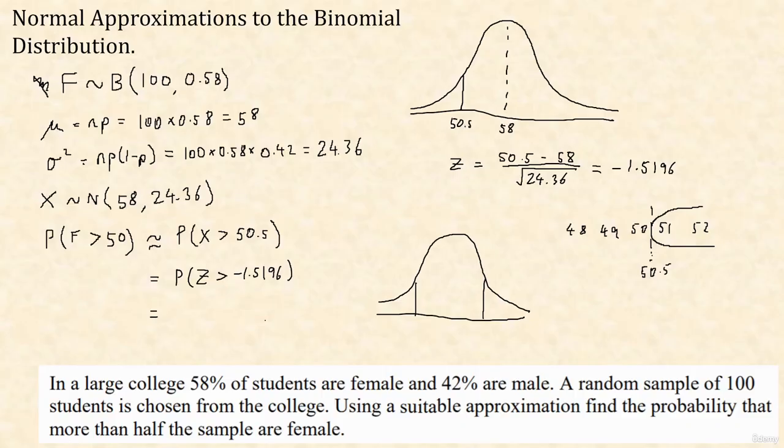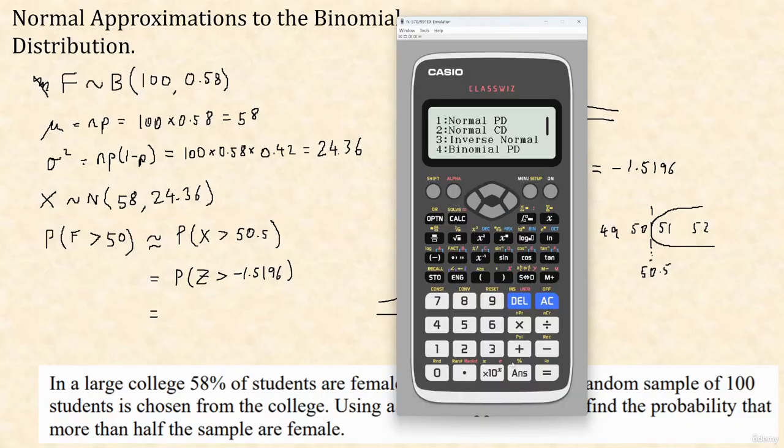On the calculator, we actually don't need to do that. On the calculator, it's enough to just go to normal CD and say we have a lower bound of minus 1.5196, an unbounded upper, sigma 1, mu 0, and we get 0.936.